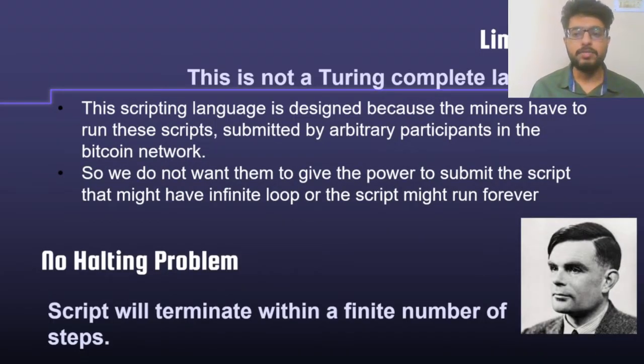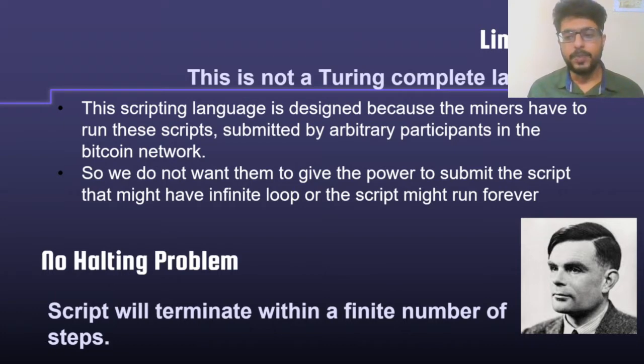It does not have the ability to compute arbitrarily powerful functions, and this is by design, because the miners have to run these scripts, which are submitted by arbitrary participants in the Bitcoin network. You don't want to give them the power to submit a script that might have an infinite loop or run forever.